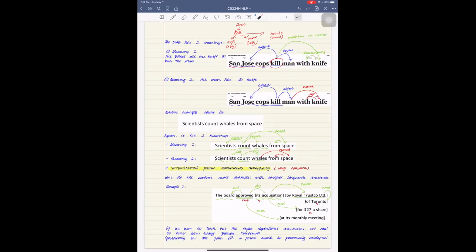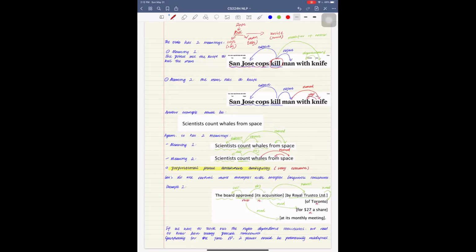The verb should go in this direction and that direction. Of course you can make kill the root here, but in sentences like this, what if you have two verbs? You have two verbs and two nodes, but we only need one root.